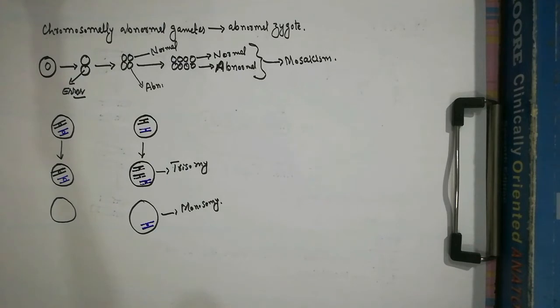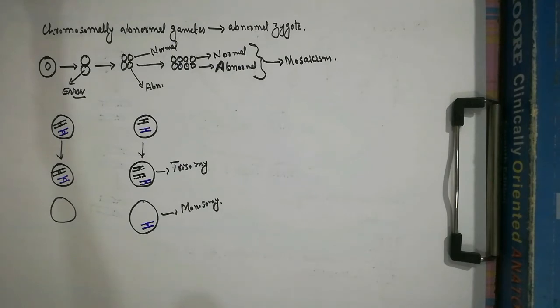Severity of disease also varies among group B patients. In some patients, mitotic non-disjunction occurs at early stages of development, and in some other patients, non-disjunction occurs at late stages. When non-disjunction occurs at early stages, there will be more cells with abnormal chromosome number and the disease will be more severe.